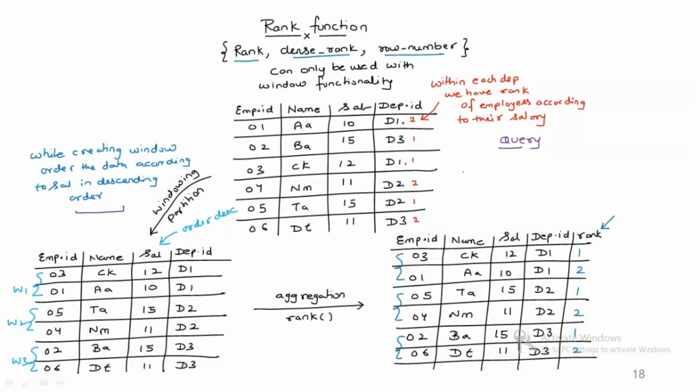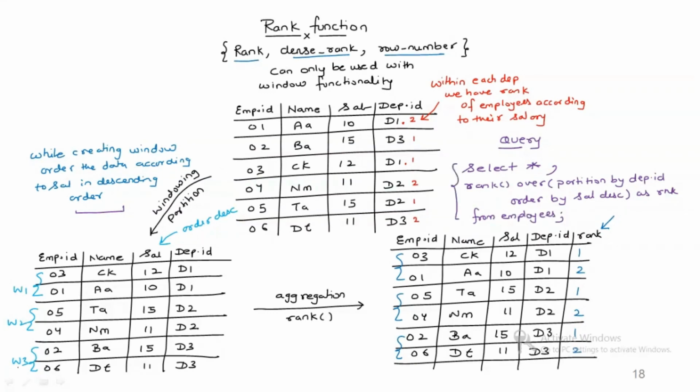So in my over clause, select star, comma, let's say I wanted to apply rank. In my over clause, I'll write partition by, let's say, department ID. But I'll also mention the order clause, order by salary in descending order as RNK from the table employees. This is the small change that you have to make in your query.